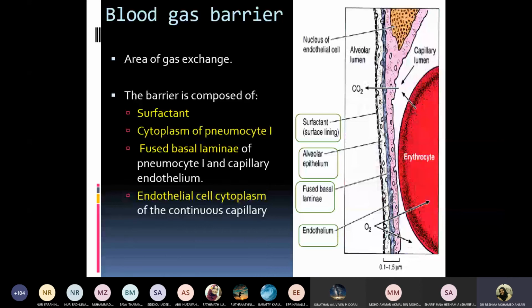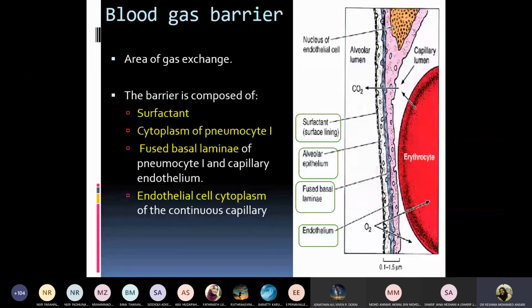Next would be your blood gas barrier. When oxygen comes into the lung, to the alveoli, the first thing it will meet is the surfactant. Then it will go into the alveolar epithelium or the type 1 pneumocyte, then through the fused basal lamina of the type 1 pneumocyte and the capillary, and then into the capillary.